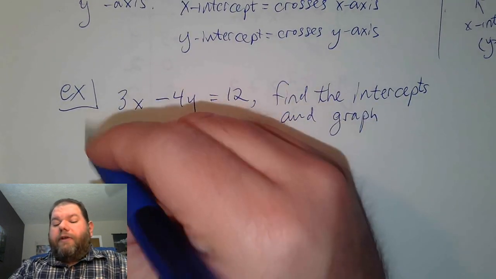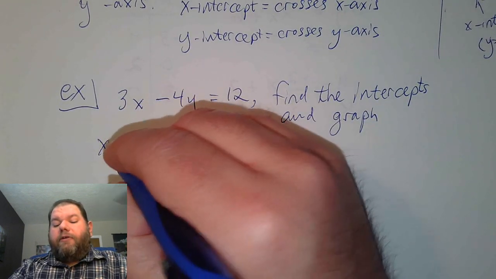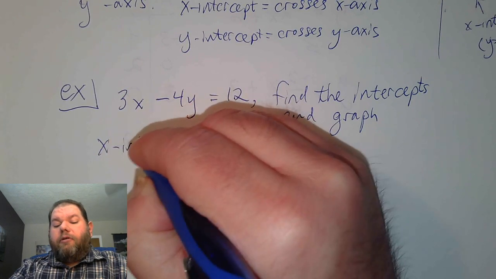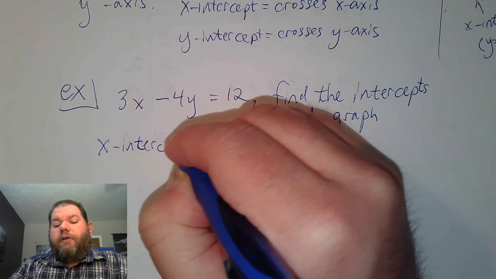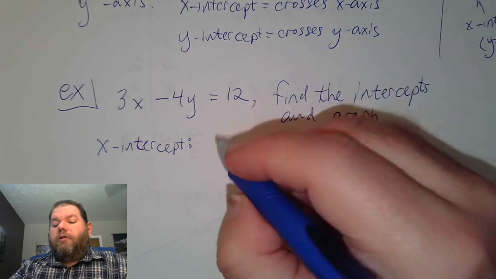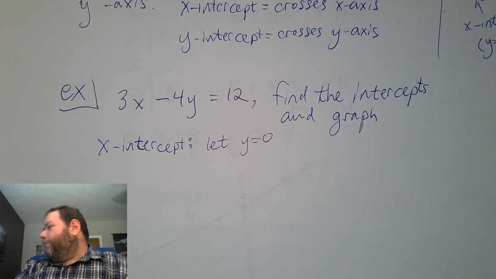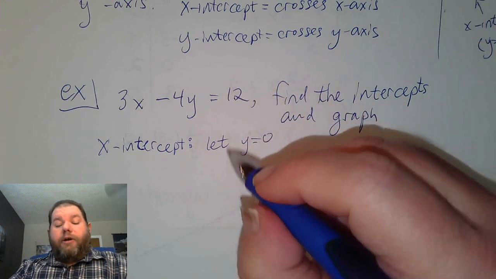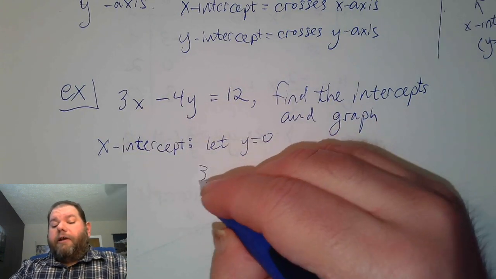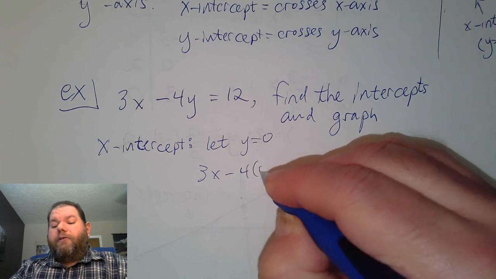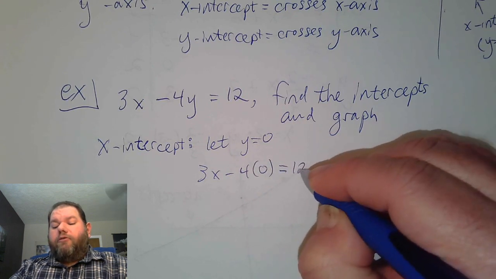So, if we say we want the x-intercept for this equation, we know we'll let y equal 0. If we let y equal 0, then we have 3x minus 4 times 0 equals 12.